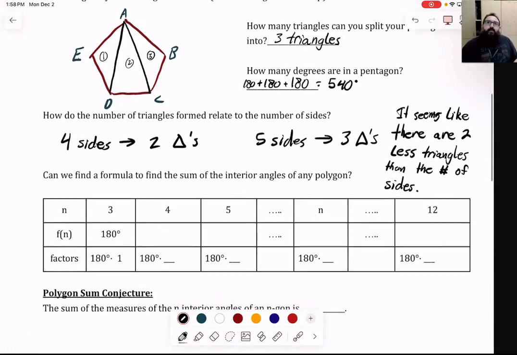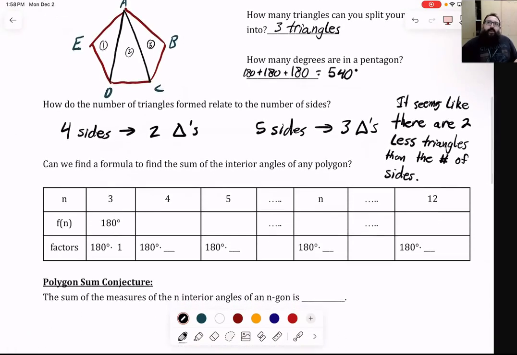Can we find a formula to find the sum of the interior angles of any polygon? So we know that we came up with 180, 360, 540. We figured that out. Now, what are we actually multiplying by? Notice here it says times 1.